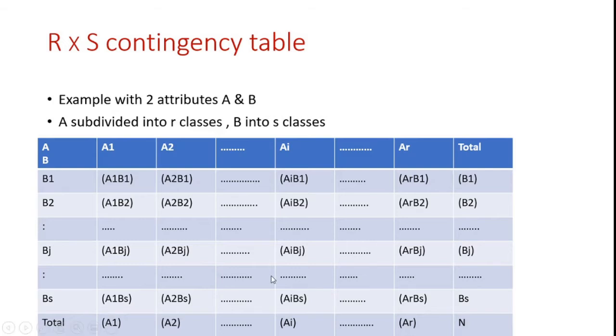So the rightmost column represents the frequencies of the individual subclasses of attribute B, and the lowermost row represents the frequencies of the subclasses of attribute A, right?